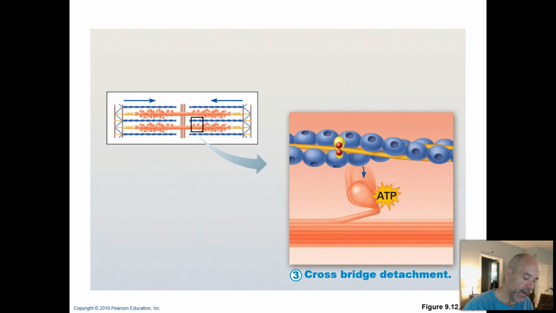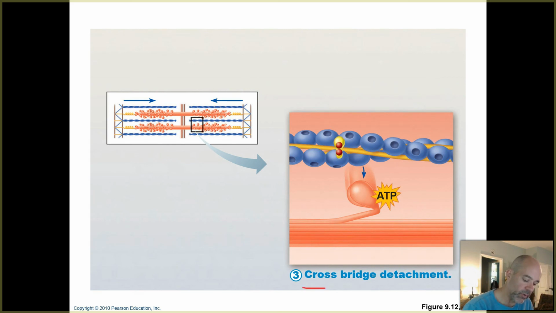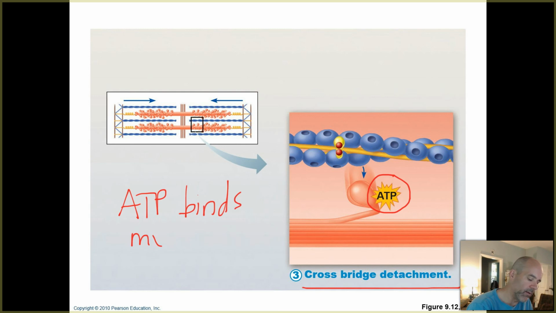Okay, next step, if we're going to keep sliding, we've got to have our cross bridge detach. All right, and so in order for detachment to occur, ATP has to bind the myosin heads.